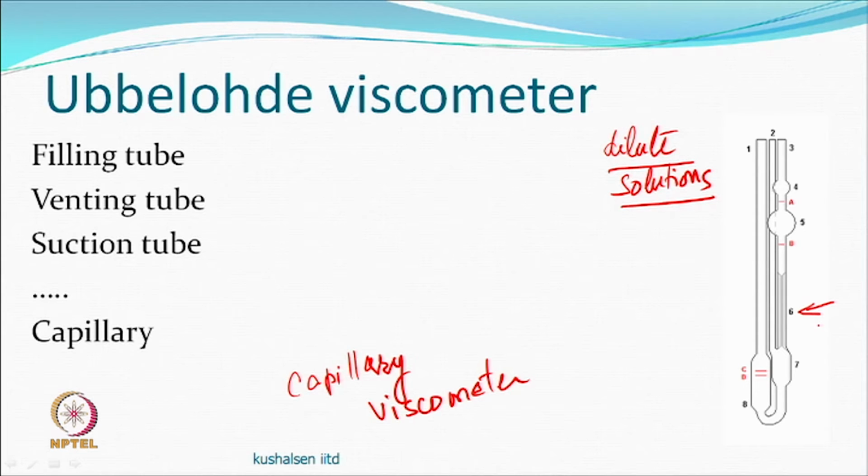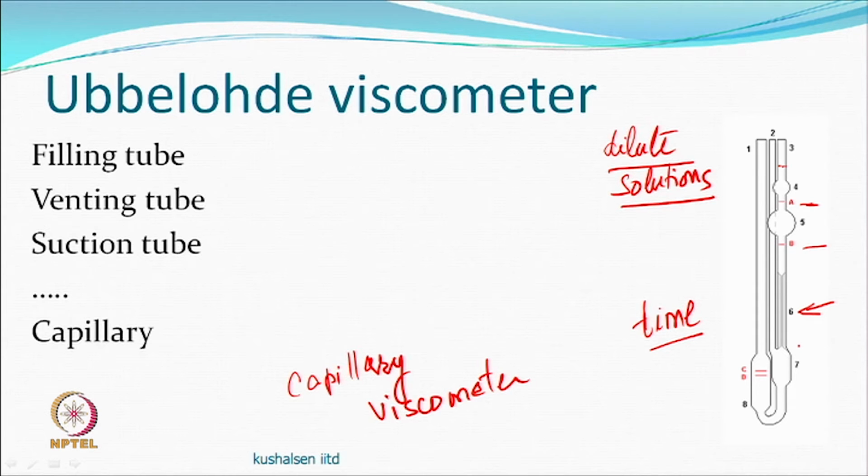If your solution is here, there are markings. If the solution is filled up to this point, and then allowed to go down, you measure time. The volume is fixed between the markings; there are two bulbs, this one just to have some additional solution. You allow it to flow down, and the dimension of the capillary is fixed.